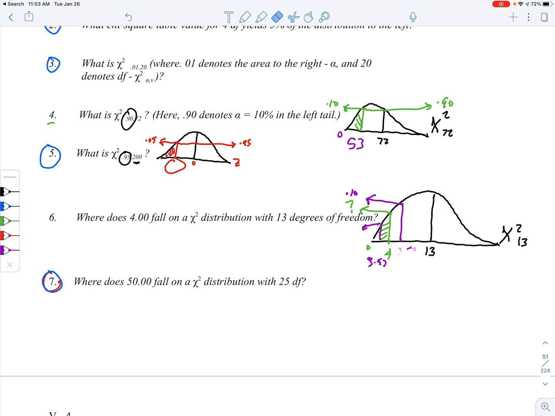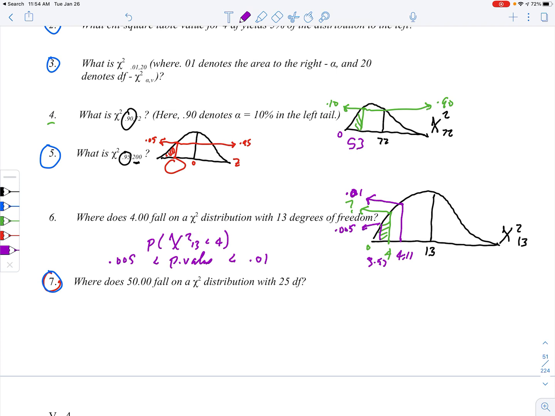I don't know where I got the idea that 3.57 was partway between 4 and 13. Okay, so there's the 0.01, and this would be 0.005. So what we have here then is that this area here, which is really the p-value, is the probability of getting a chi-square value of 13 degrees of freedom being less than 4, which, when we get into hypothesis testing, is something less than 1% and something greater than 0.5%.